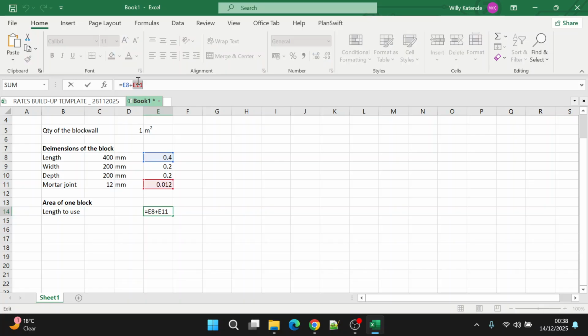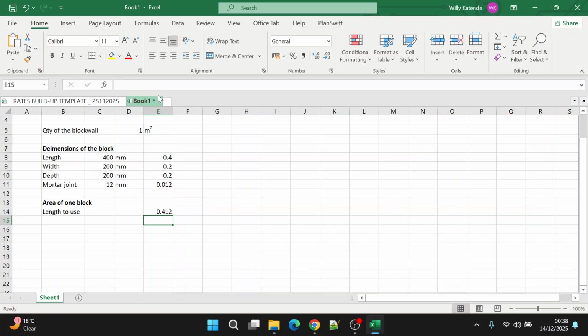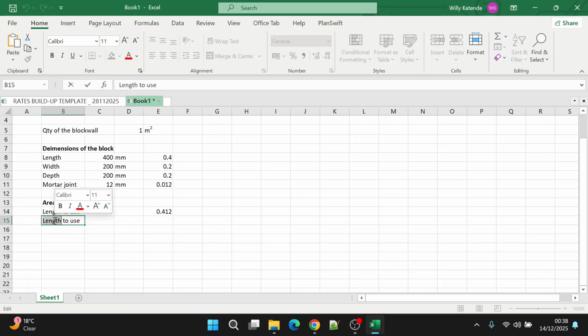So you shall get 2 times bracket half the mortar joint divided by 2 bracket. So it will get to that. Then we shall do the same for the width.